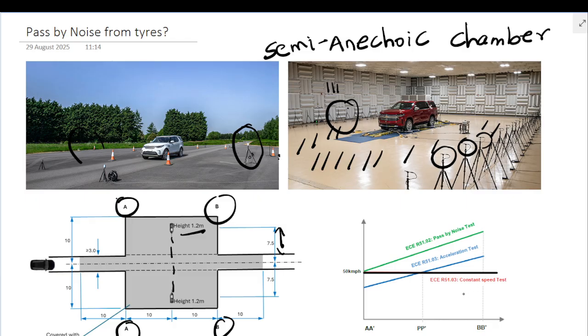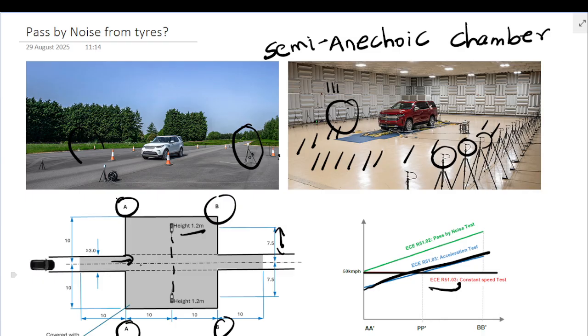This was added to the new regulation called ECE R51.03. ECE is the regulation committee which says what your tire has to go through, how it should be measured, and what the cap value is. For example, 68 dBA was calculated as an average of this constant speed test, and also an acceleration test where you enter at the A dash line, which I mentioned.